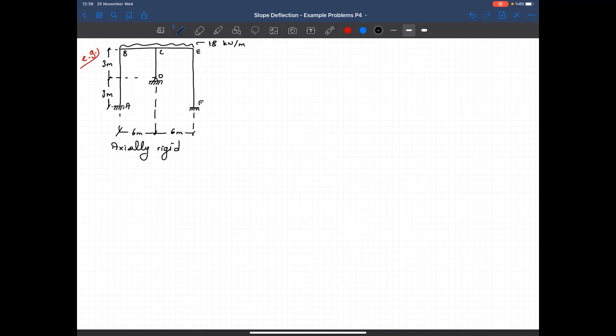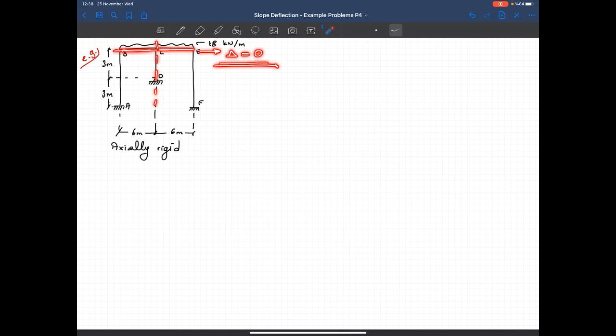So what do I know about this structure? This is the symmetry axis, and since we have a symmetric structure with only a vertical load, I know that there's no translation. Delta is equal to 0.